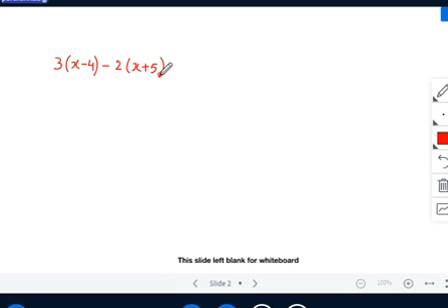Then you can rearrange, so it will be 3x minus 2x minus 12 plus 10. It should be x, minus 2. It's x minus 22.